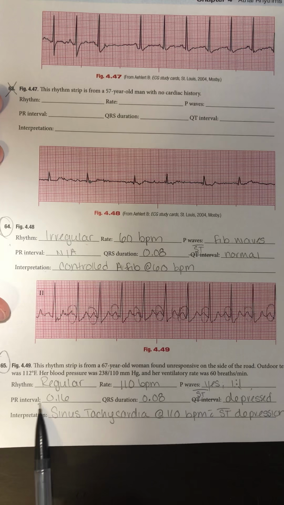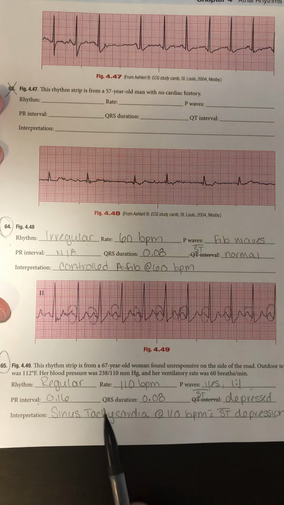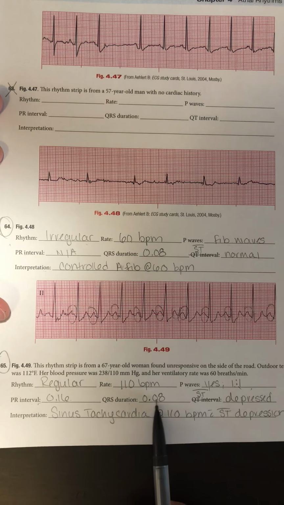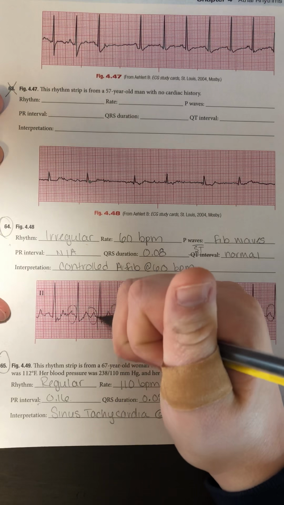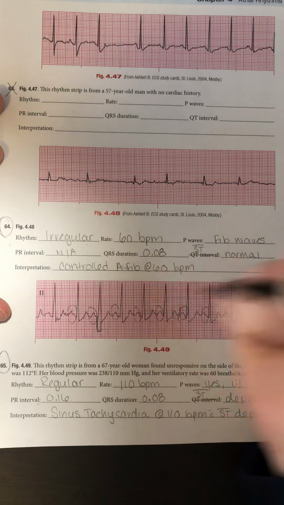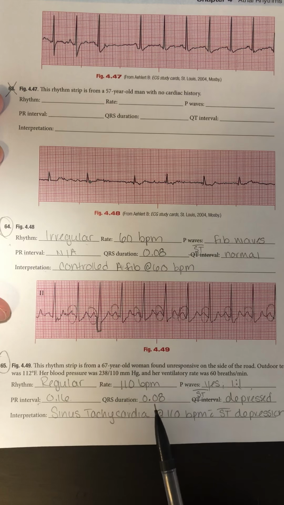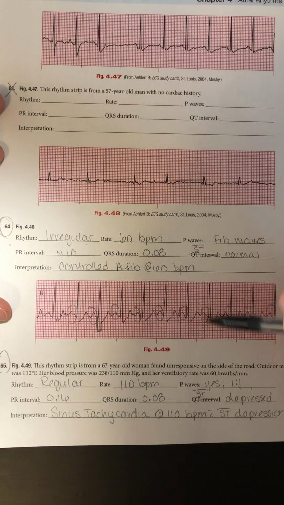My PR interval I measured out to be 4 small boxes, or 0.16, which is in the normal range of 0.12 to 0.2. My QRS duration I measured out to be 2 boxes, and you can see it very well right here. So 0.08, which falls in that narrow category. And my ST segment is depressed. So looking at this complex right here, I have my QRS.